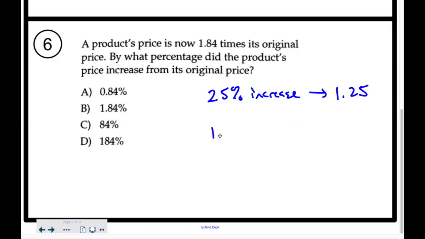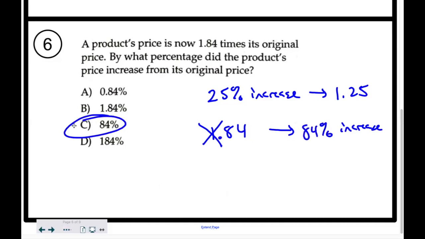Well, now we got to work backwards. If it's 1.84 that we're multiplying by, first we know it's an increase because it's bigger than one. And then we kind of just chop off the one and we say, well, we're increasing it by 0.84, which is really 0.84 is 84%. So 1.84 times something is an 84% increase on whatever it originally was.